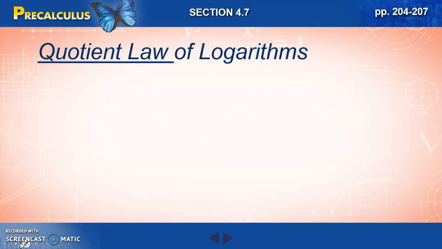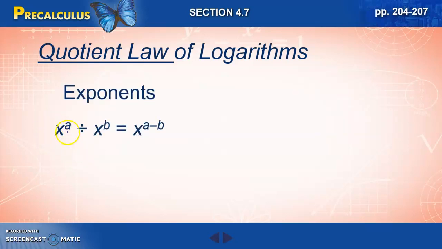The quotient law of logarithms comes from the quotient law of exponents, which says that x to the a divided by x to the b equals x to the a minus b. We might also write that as x to the a over x to the b this way. That's typically how you're going to see that. We don't really see the division symbol like this a whole lot anymore. We typically see division now represented with the fraction bar. When you see logarithms, you're going to see the fraction bar.